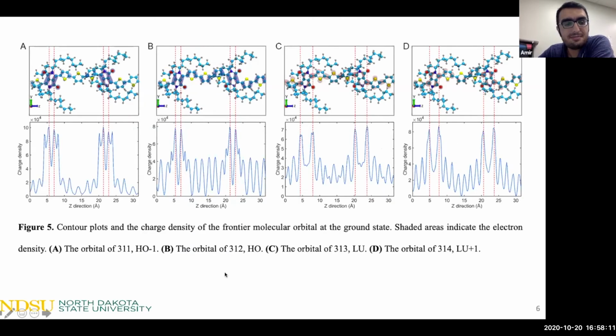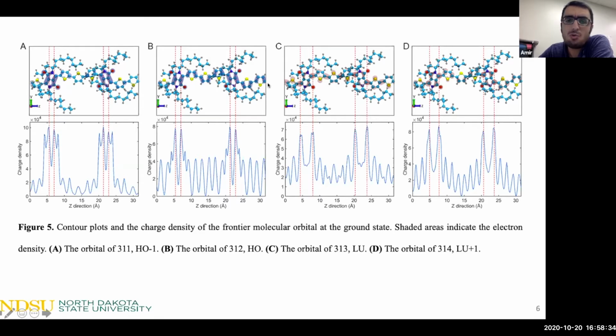Okay, Figure 5 shows the distribution of the charge density over the backbone for four frontier orbitals. From the left, it is HOMO minus 1, B is the HOMO, and subfigure C is the LUMO.